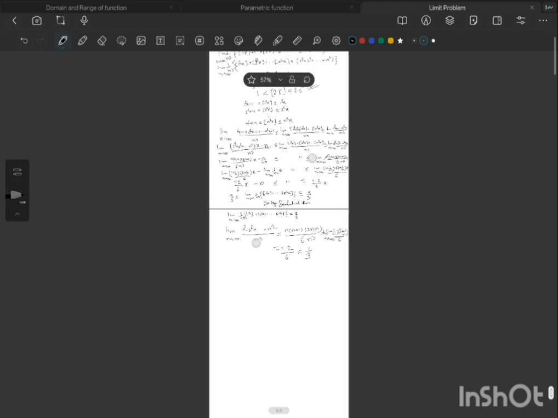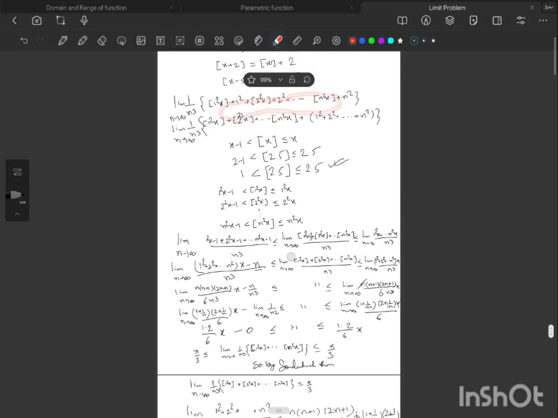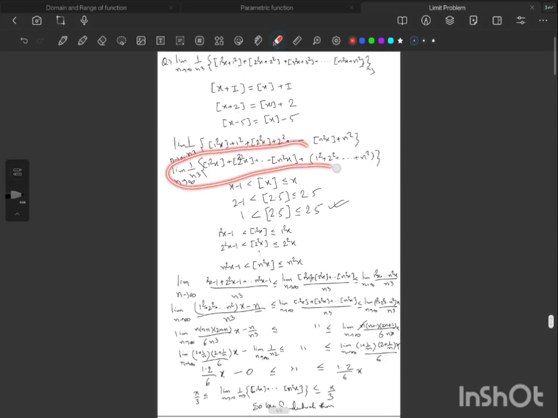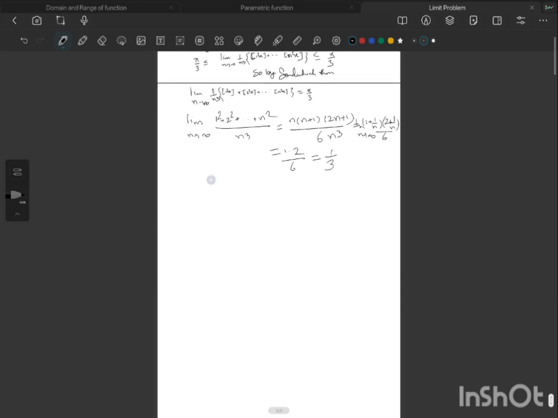So the overall limit is the sum of the limits of both functions: x by 3 plus 1 by 3.